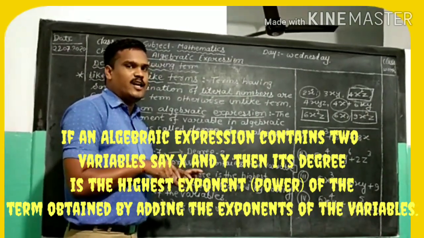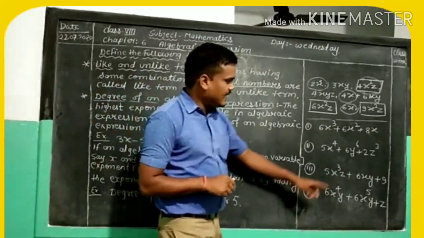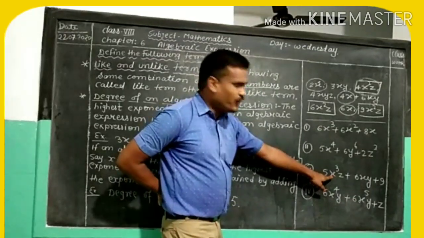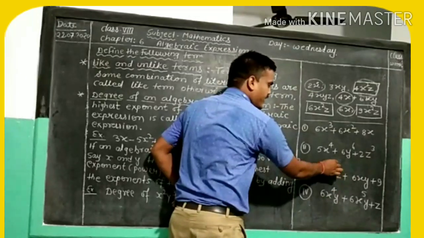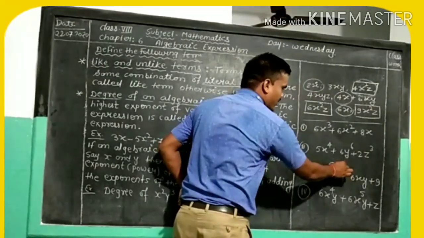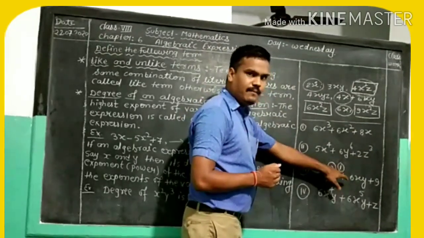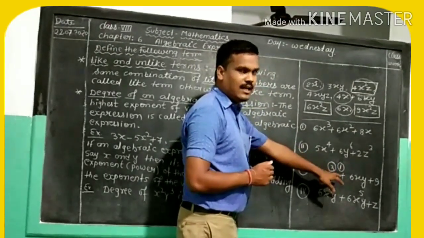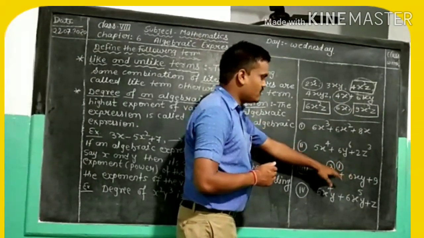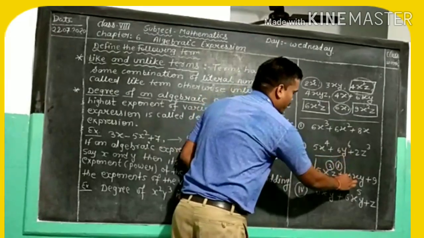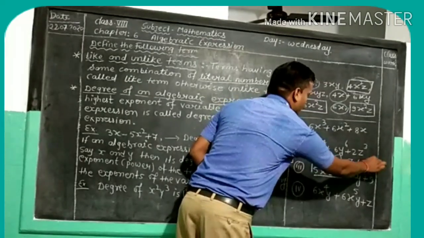After adding, the obtained number will be the degree of the polynomial. Just see in this example, here 2 variables, x and z. So x power 3 and z power 1. 1 is always hidden. We do not write it, but to solve your question, I am writing 1 here. So the degree of the polynomial will be 3 plus 1, which is 4.